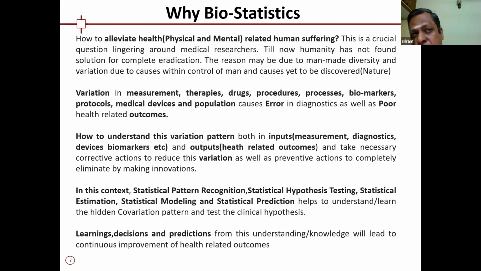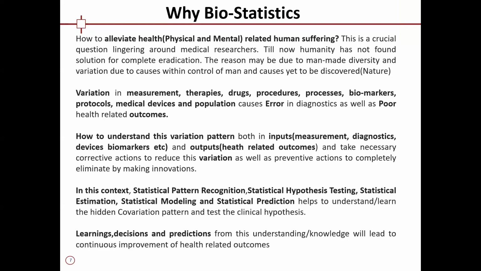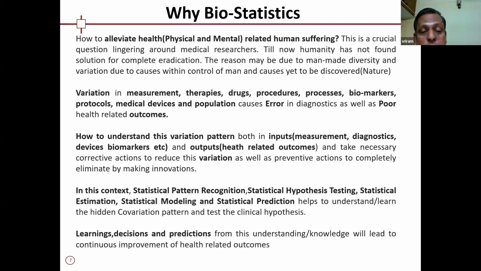Or patient care, as well as the pain of the patients, or most of the outcomes. How do we understand that variation pattern and take the necessary action to reduce this variation, as well as preventive action to completely eliminate it by making innovations?